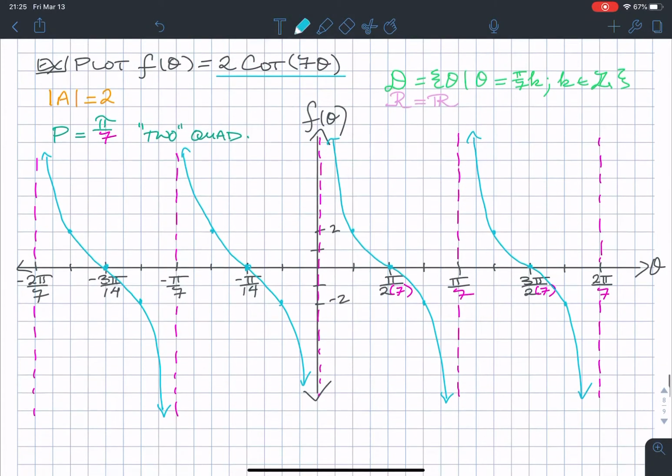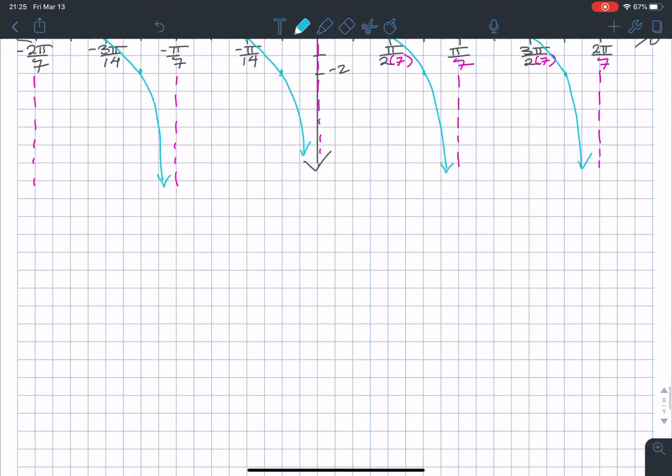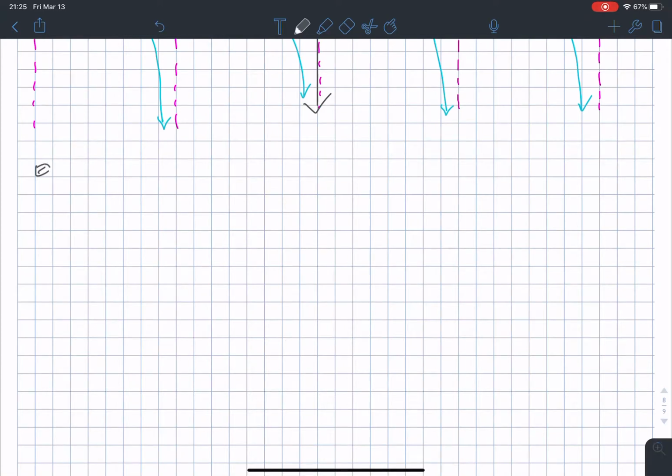Okay, so shall we do one more for good measure? Just like we did for tangent. So for example, let's plot f of theta is equal to minus, let's do 1 tangent of, what should I do? I haven't done like 11. That sounds good. 11. And why am I plotting tangent? I already did that. I can't talk and write at the same time. So let's do cotangent of 11 theta.